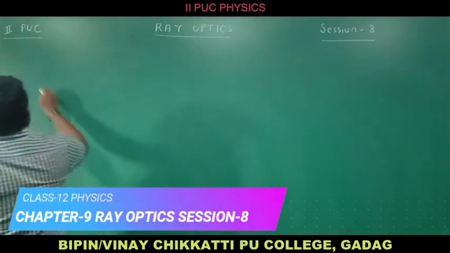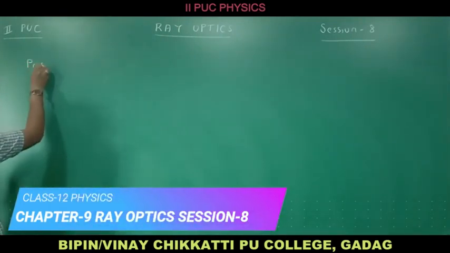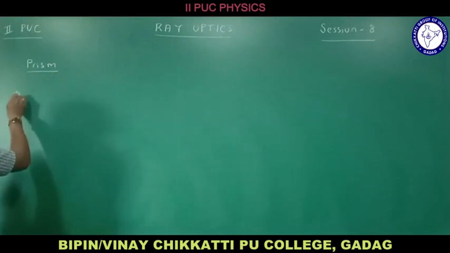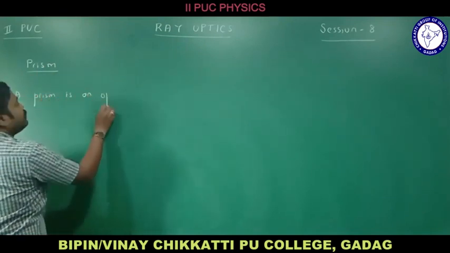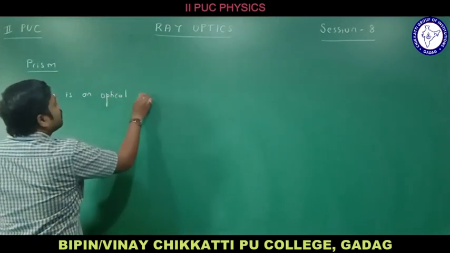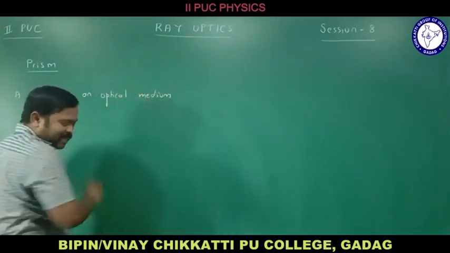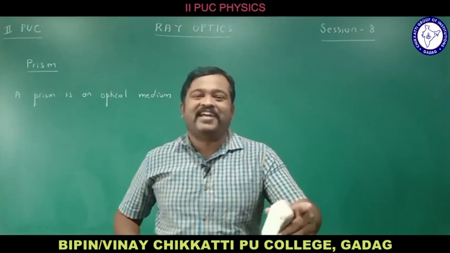First of all, let us understand what actually a prism is. A prism is an optical medium, a medium through which light passes.